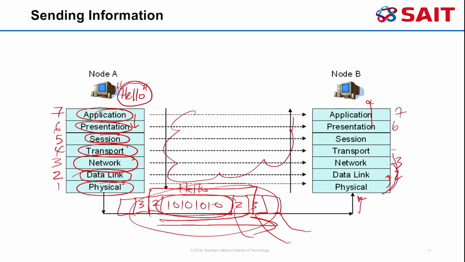So this is the internet here that's connecting these two devices. Once it's moved through and removed all 7 layers, you should at the other end be left with the hello message being seen by workstation B here.